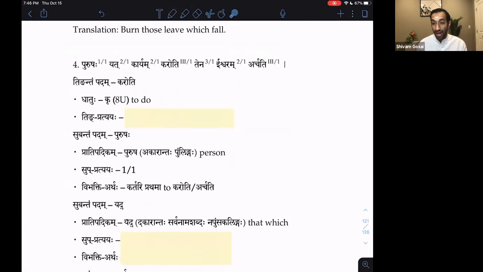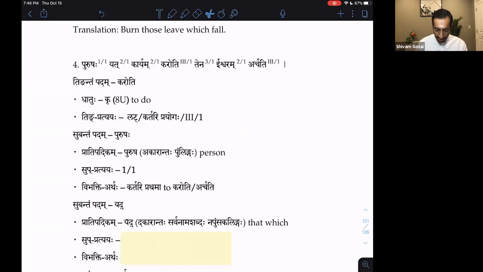Let me know if I'm going too fast or if you forget some of these things that I'm saying. Right, this is just like bhavati, asti, but karoti, okay? Lat kartri prayoga, third one. So someone does. Who is the first case? 1-1, purushaha. So the purusha, akaranta pullinga, meaning person, our first case singular, which is kartri pratama to karoti.